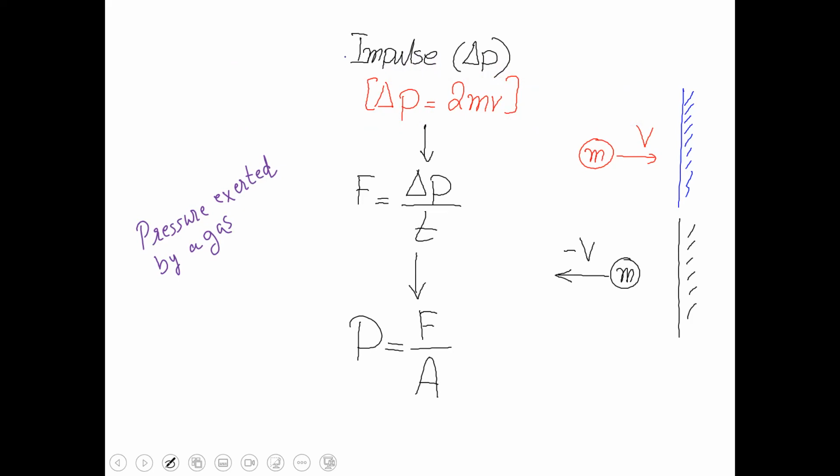This is in A level, the official explanation of pressure exerted by a gas. Why do gases exert pressure? Gas molecules collide with the container wall and rebound. After rebound, momentum changes. This is impulse. Impulse upon time is pressure.